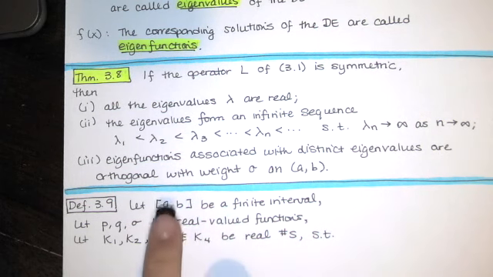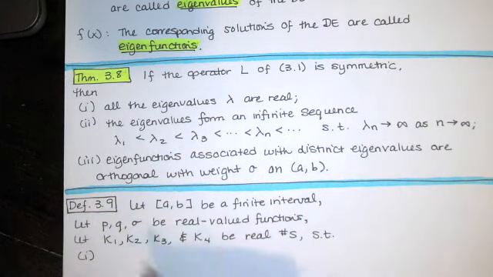So we're going to say, let this be true, and this be true, such that the following is true. First of all, P is continuously differentiable.